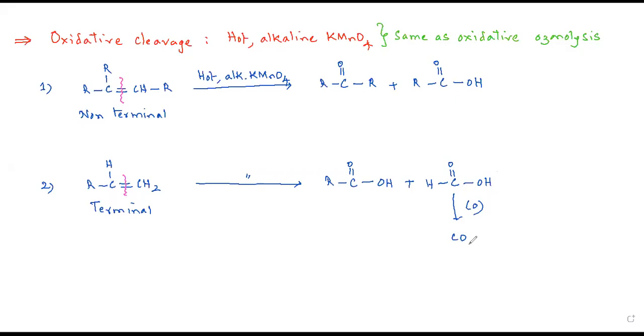So this is further oxidized to carbon dioxide. So this is interesting. So whenever you got a terminal alkene, remember this area gives you carbon dioxide. Okay. So this is about oxidative cleavage.